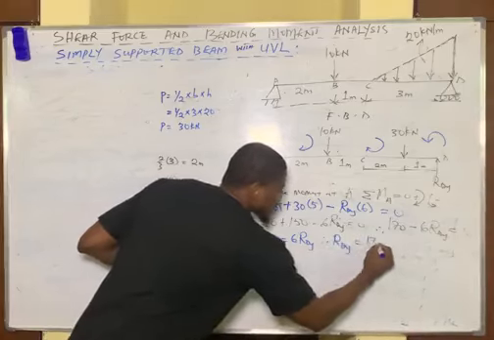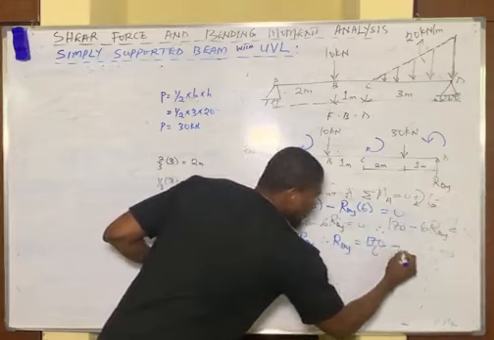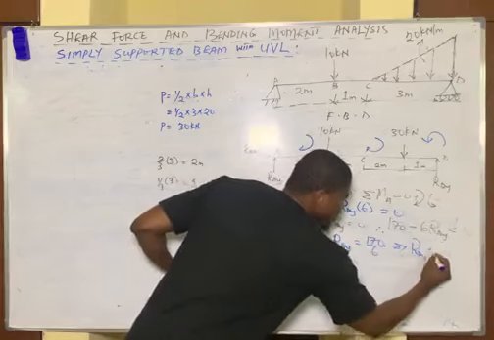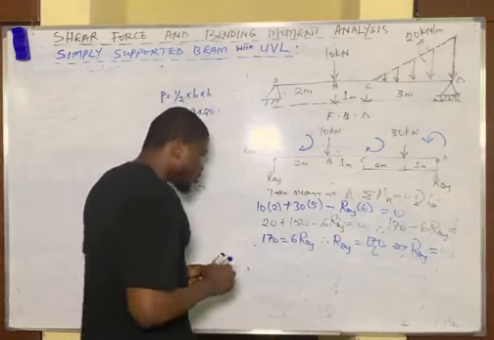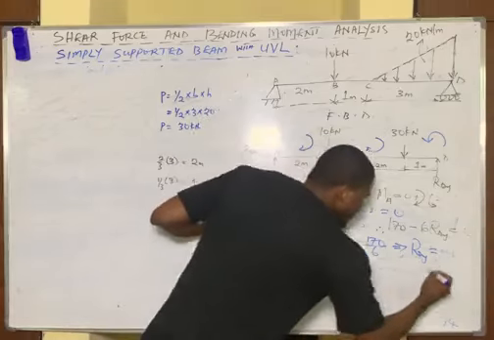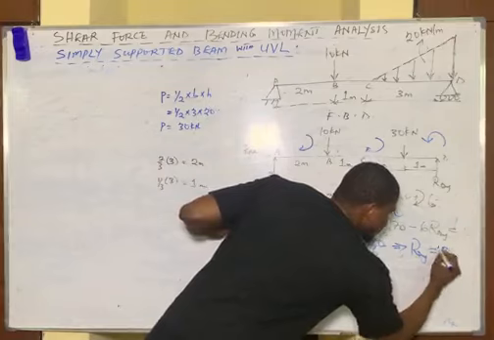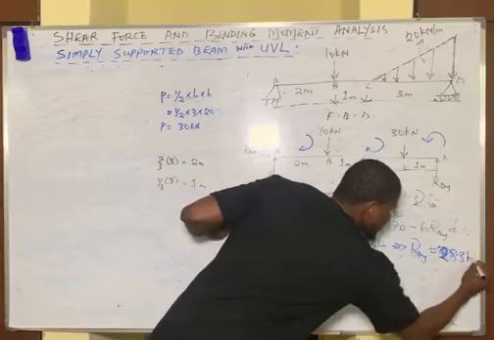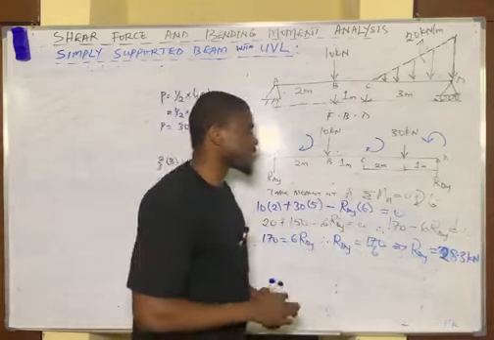That becomes 170 divided by 6. That gives us RDY approximately 28.3 kilonewtons. So the reaction at point D is simply 28.3 kilonewtons.